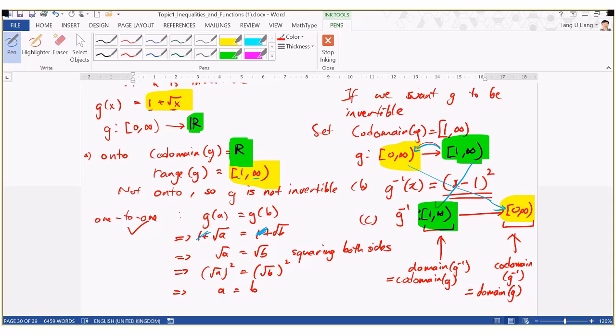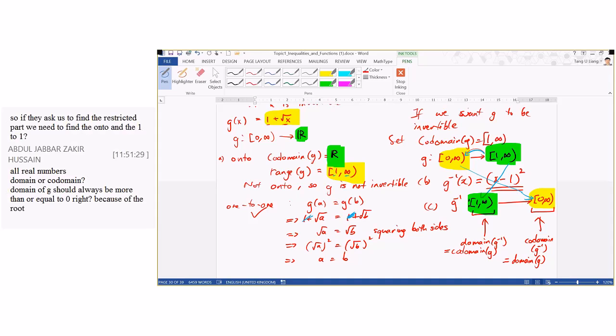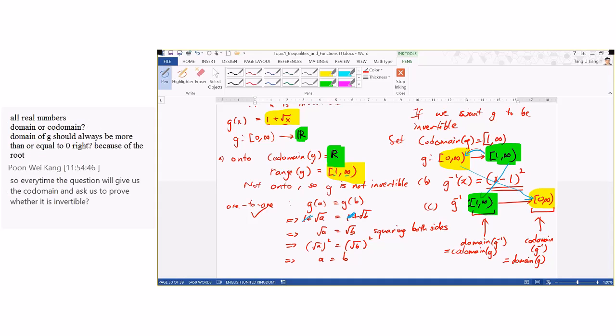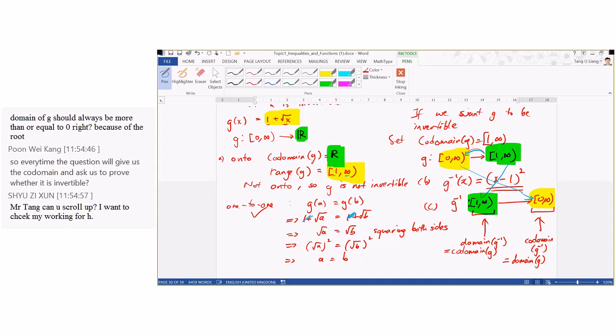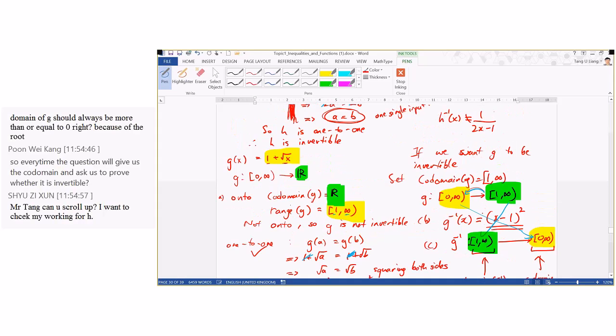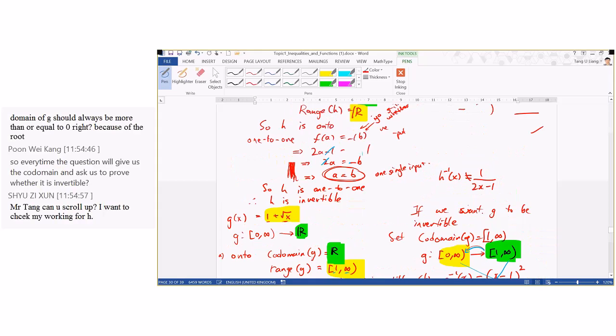So every time they ask you about invertibility, guys, they will always tell you what the domain is, or rather the domain you just see from the formula. But they must tell you what the codomain of the function is. They'll tell you the formula that you want to invert, whether it's 2x minus 1 or whatever. And then if it's not onto, you can always make the codomain smaller so that it's purposely equal to the range. Then you're good to go.